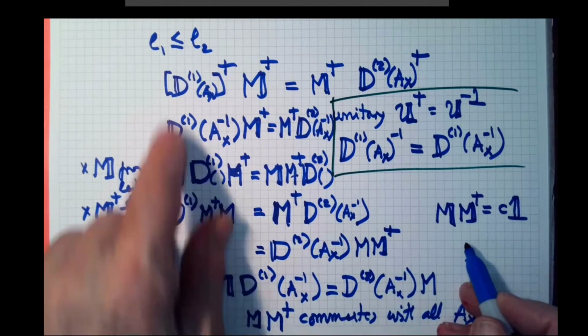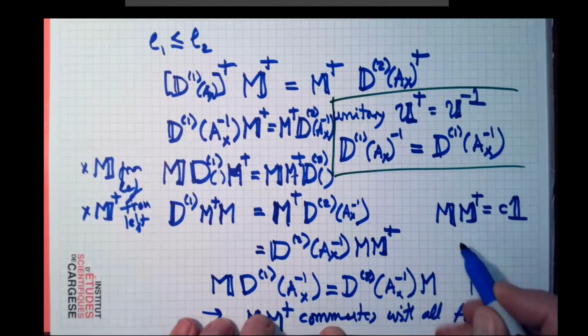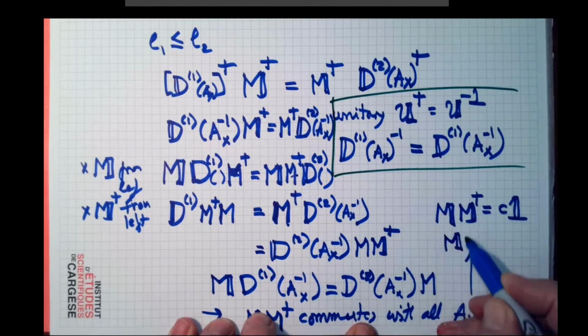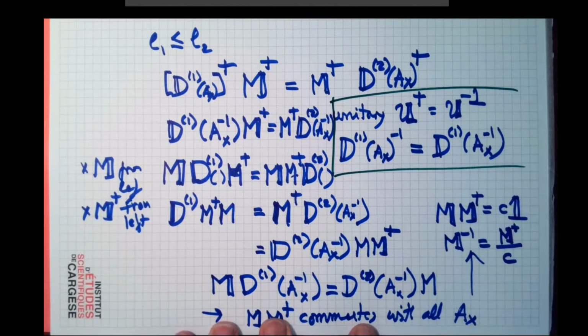So if you look at the case where the dimensions are the same, that means that the inverse of M equals M Hermitian conjugate over C. But that means that M is a unitary transformation up to a rotation.